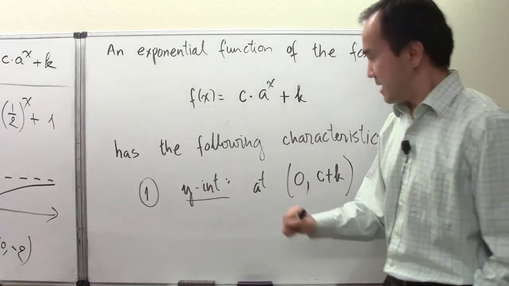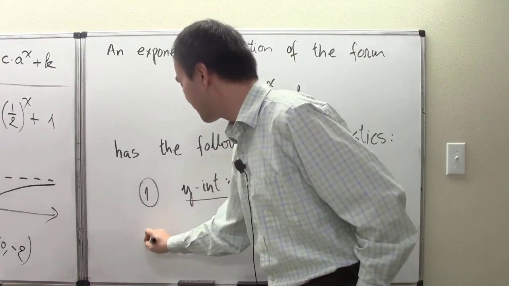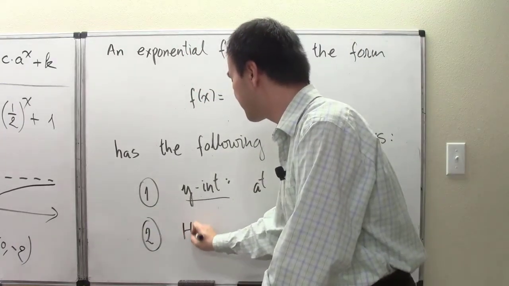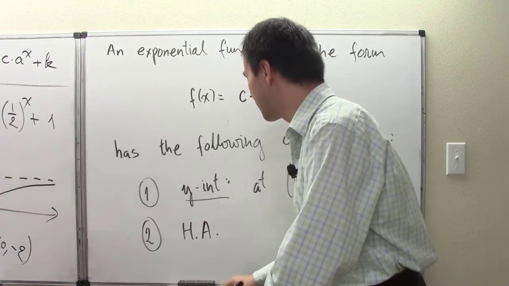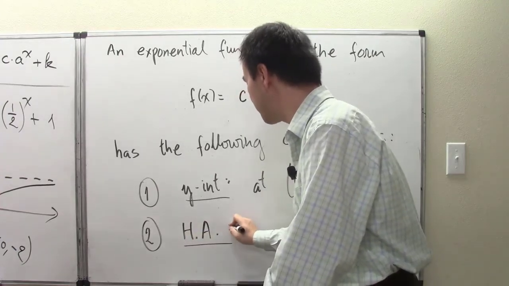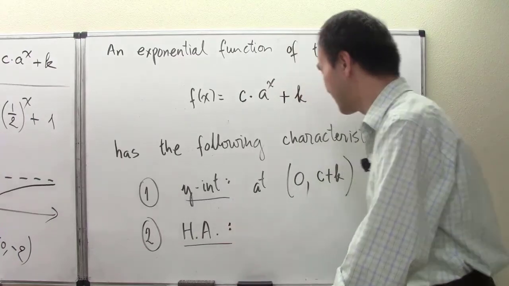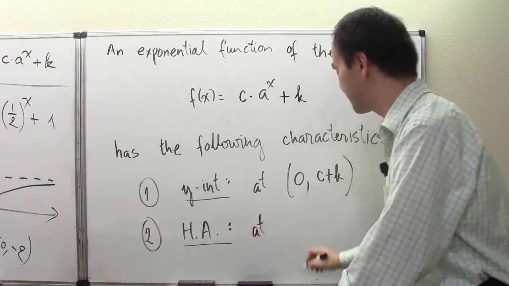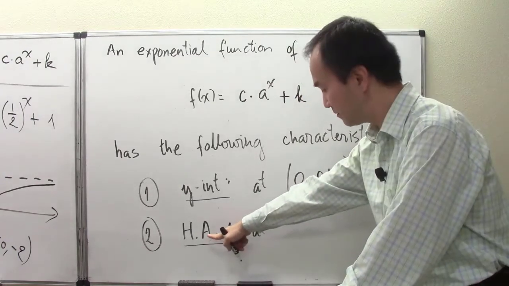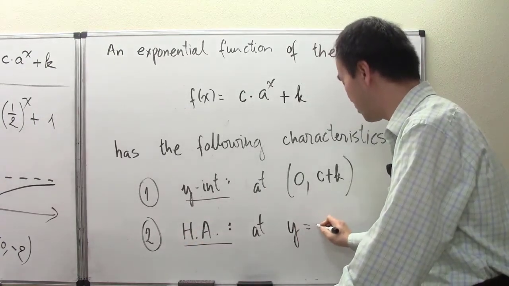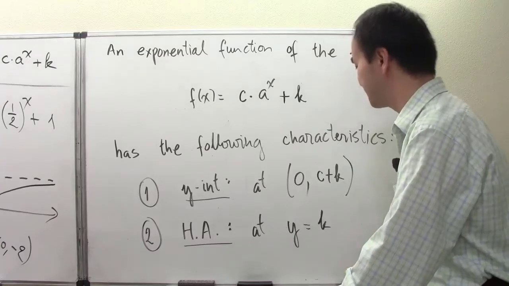And then number two, the horizontal asymptote is at y = k.